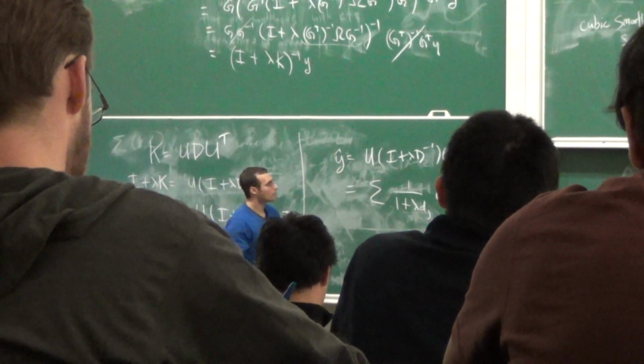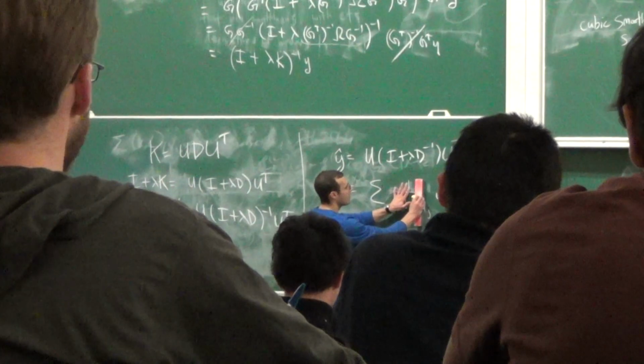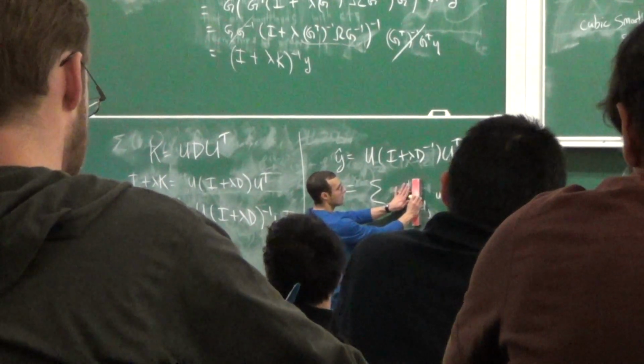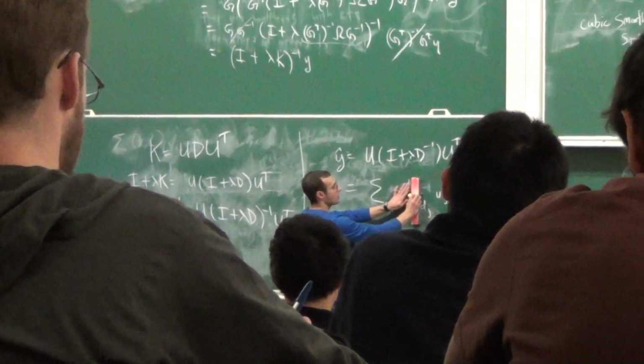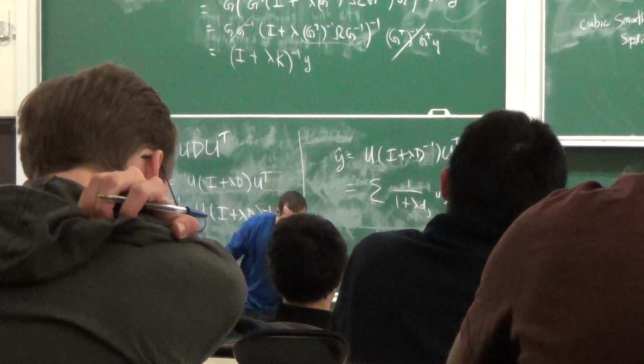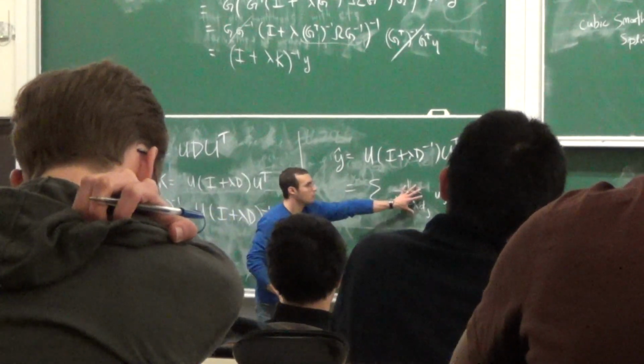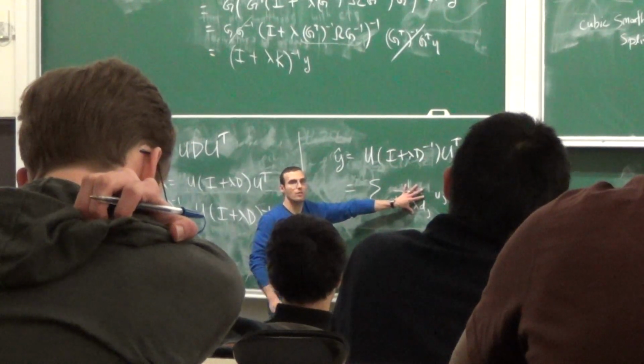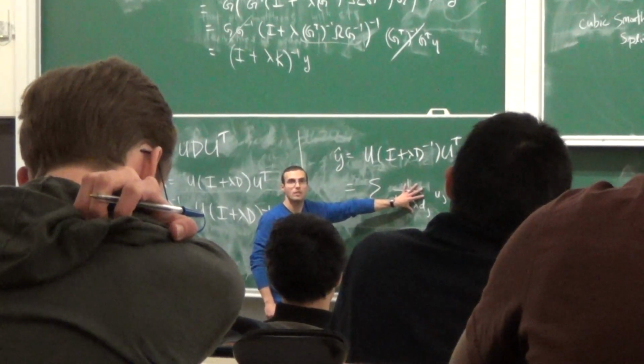Okay, so let's look at this now. If I didn't have this term, if I just had the sum of uj uj transpose y, then I claim that would actually be doing regression onto a set of natural kth order splines. Why?